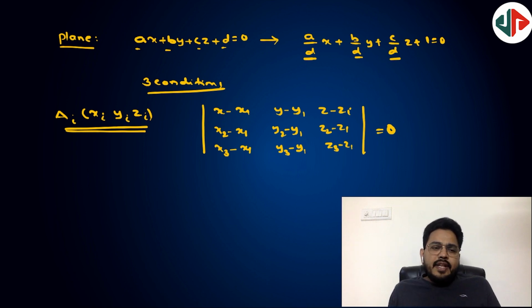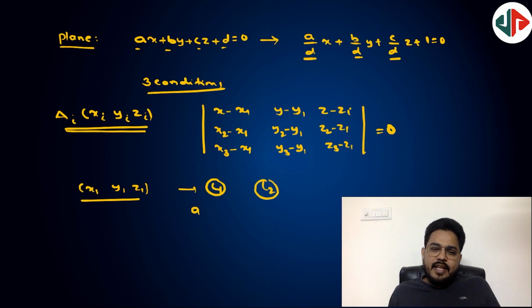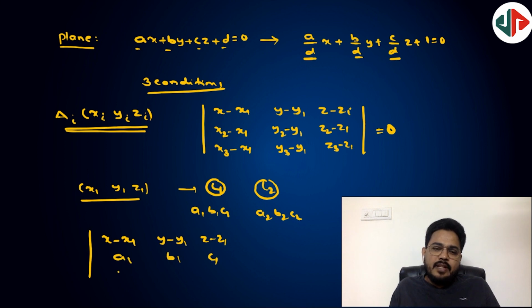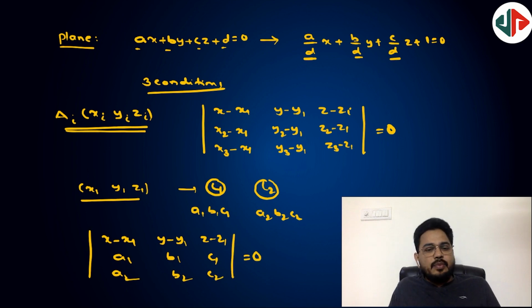Or if I want to find the plane passing through (x1, y1, z1) containing the lines L1 and L2, whose DRs are A1, B1, C1 and A2, B2, C2, this equation will be the determinant of rows (x - x1, y - y1, z - z1), (A1, B1, C1), (A2, B2, C2) equal to 0.